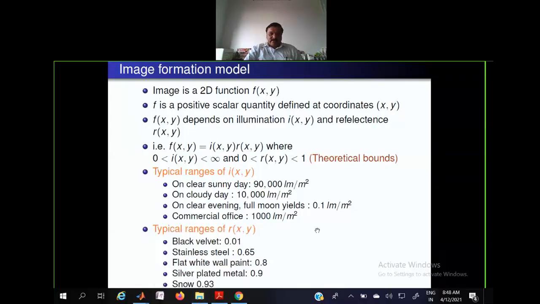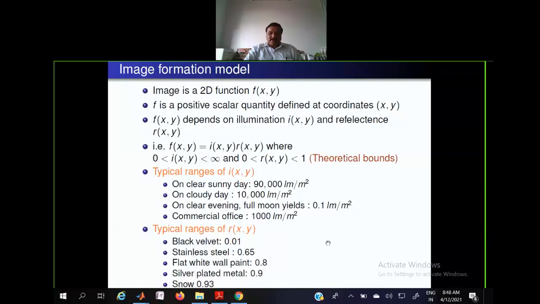So what this tells me is, suppose in a commercial office, 1000 lumens per meter square is the illumination, and I am trying to capture an image of a stainless steel object. It is going to reflect by 0.65, which means that the value of f will be 1000 multiplied by 0.65. That is roughly the calculation.